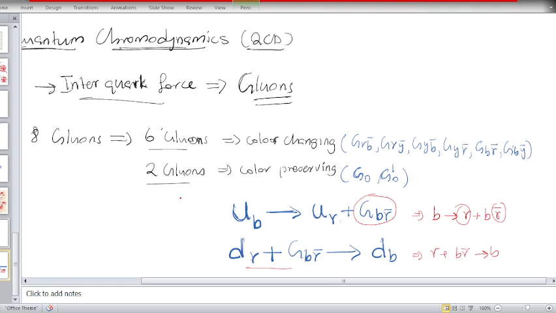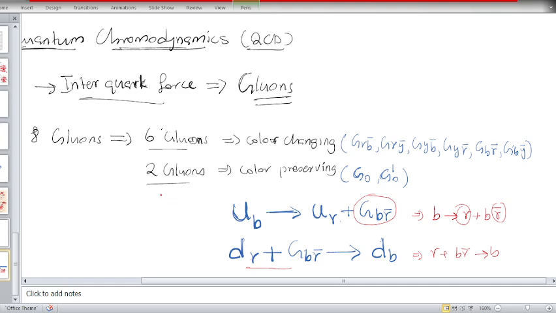So when G0 or G0 dash is the interacting particle between the quarks, then the color will be preserved. The color will not be changed. Okay? Color will be preserved.